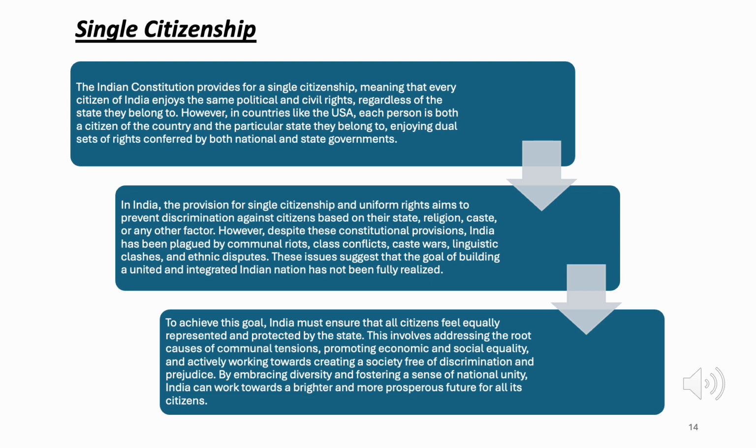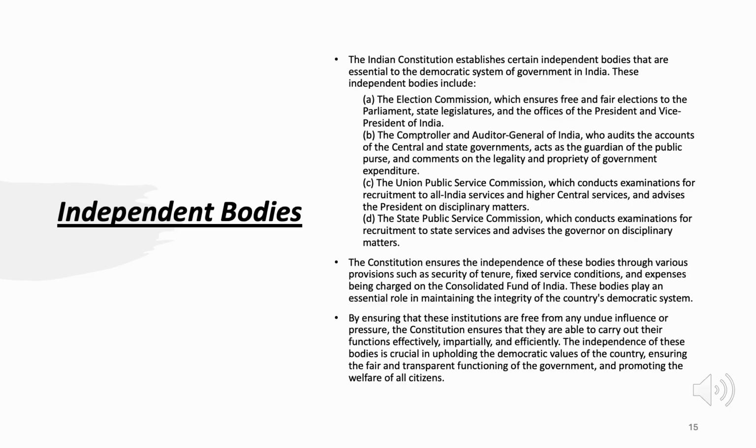This involves addressing the root causes of communal tensions, promoting economic and social equality, and actively working towards creating a society free of discrimination and prejudice. By embracing diversity and fostering a sense of national unity, India can work towards a brighter and more prosperous future for all its citizens.